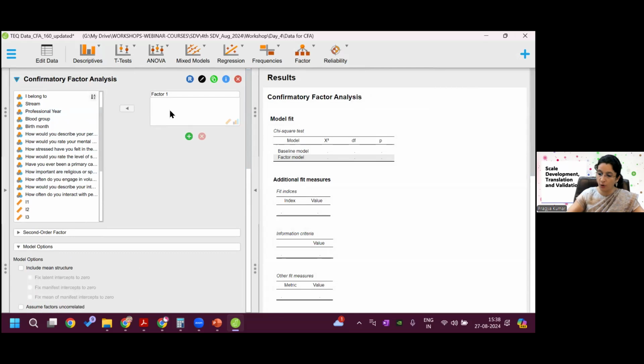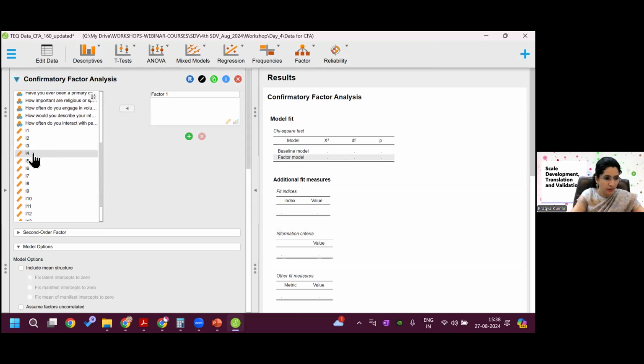So all of you note down the result of oblimin from the exploratory factor analysis. I have noted down for myself that in factor 1 there were 6 items: item 4, 7, 10, 11, 12, and 14. So I will enter these items.